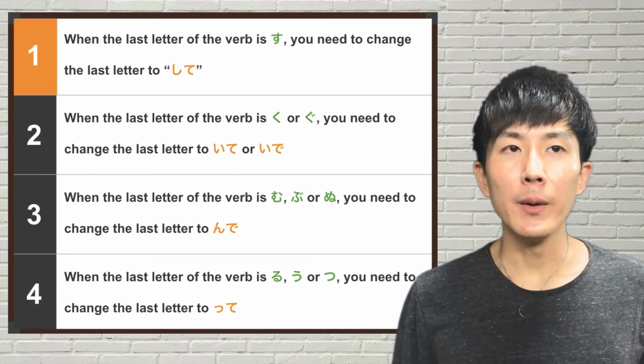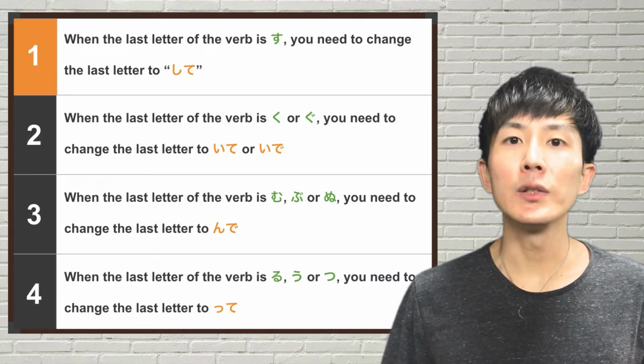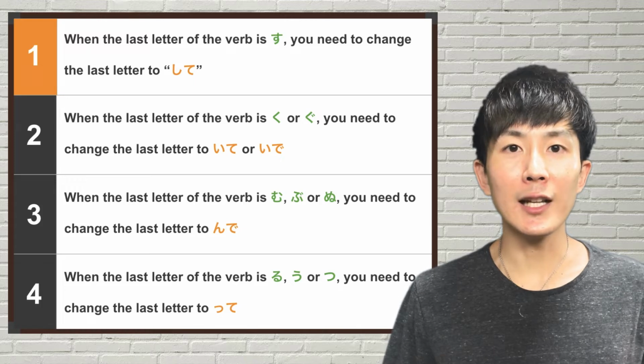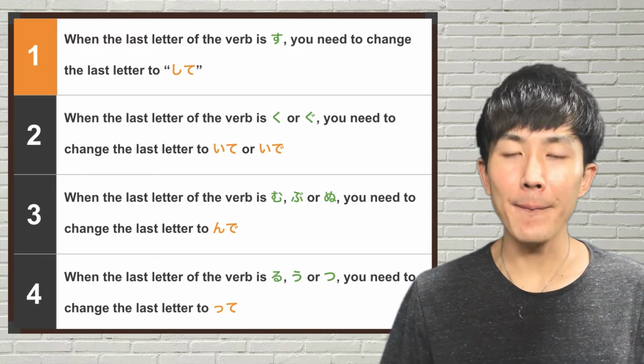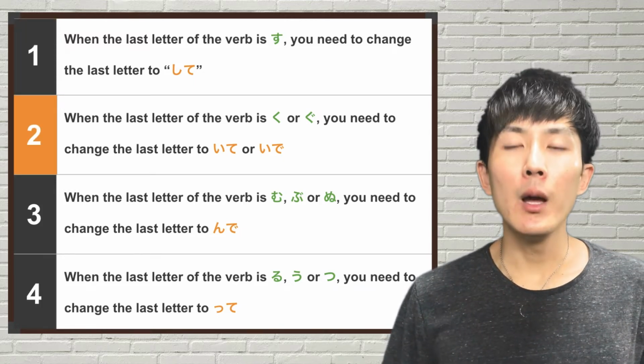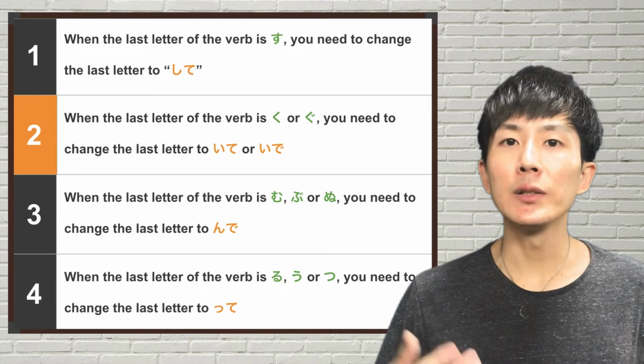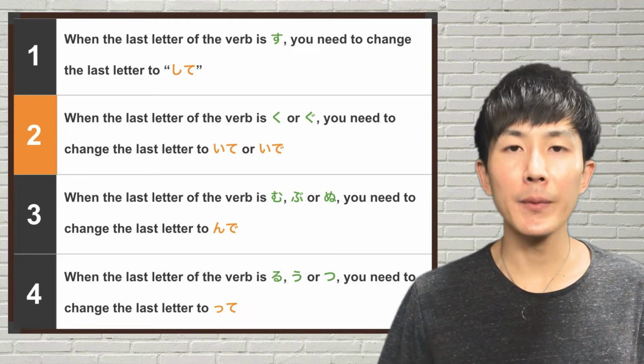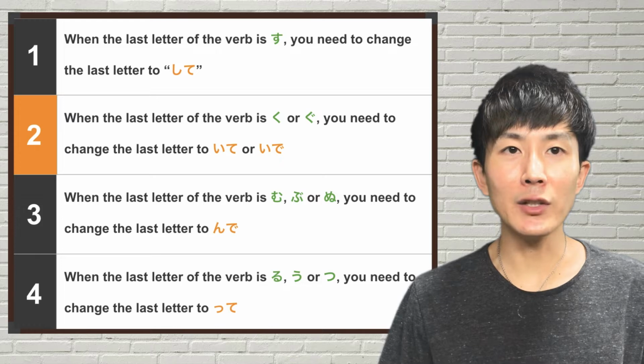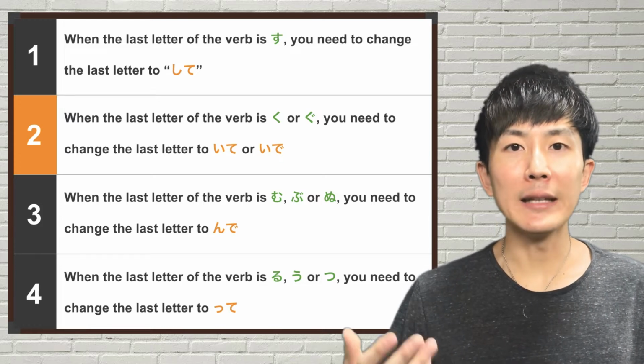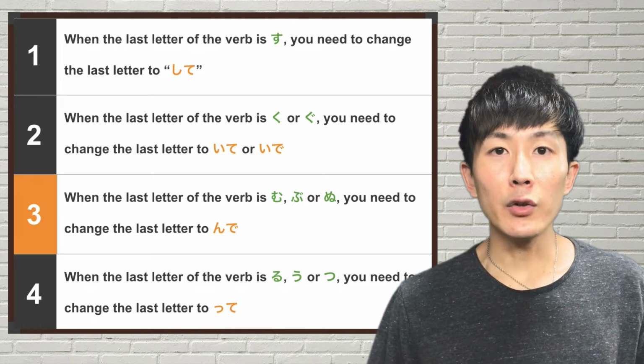Category 1. When the last letter of the verb is su, you need to change the last letter to して. Category 2. When the last letter of the verb is ku or gu, you need to change the last letter to いて or いで. Category 3.